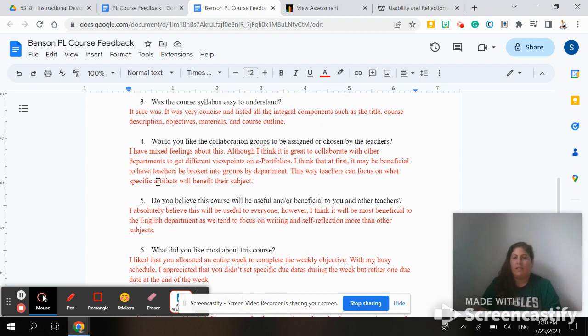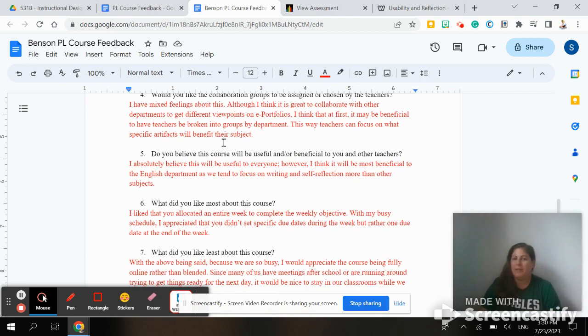My 4th question: would you like the collaboration groups to be assigned or chosen by the teachers? I had the breakout groups initially, when it was blended, as me just randomly doing it. And I thought that was great to get out of just working with departments to see the feedback from other departments as well. This one teacher said she does have some mixed feelings and believes that, yes, it is beneficial to go outside your department.